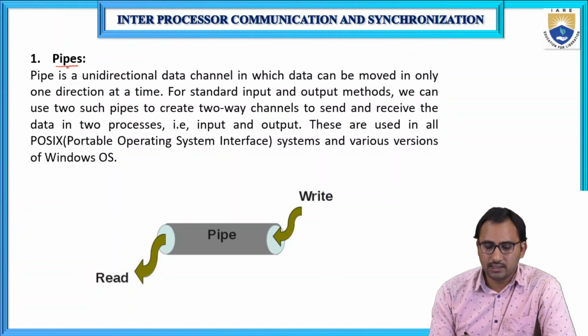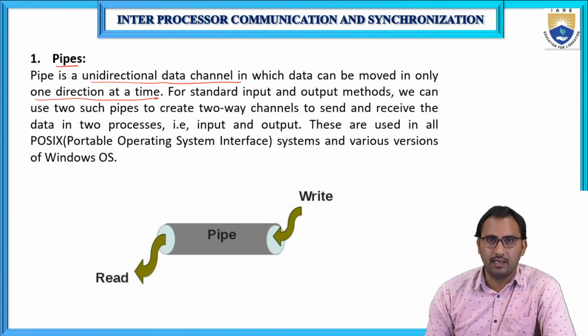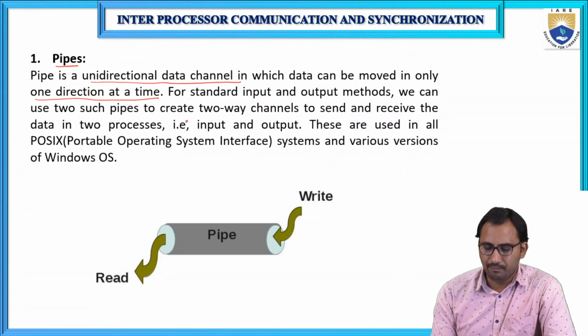A pipe is a unidirectional data channel in which the data can be moved in only one direction at a time. So we can transfer the data only in one direction at a time.